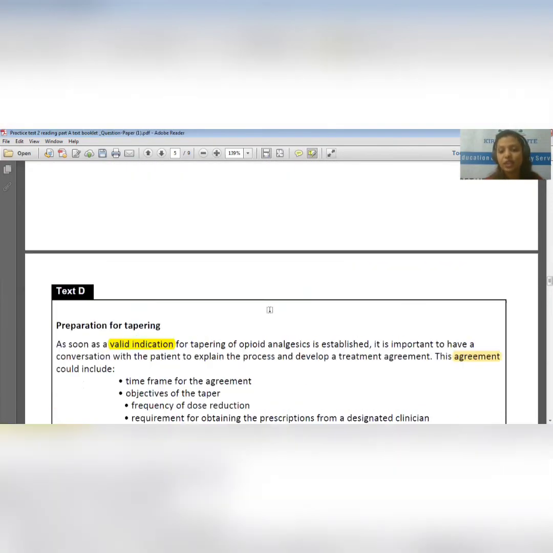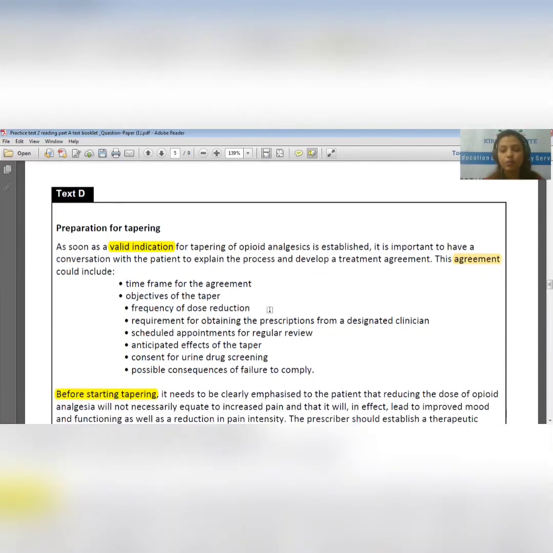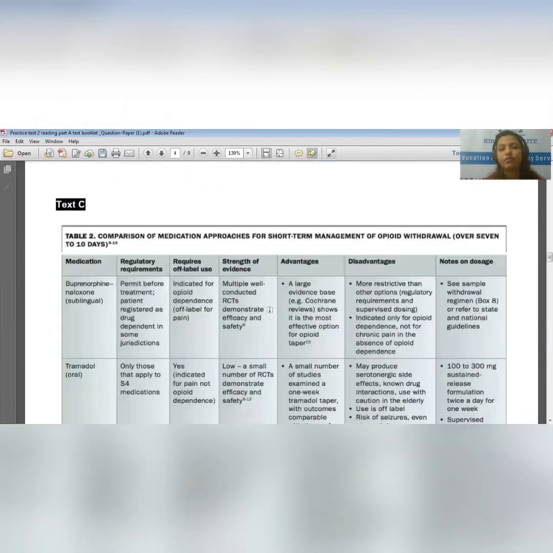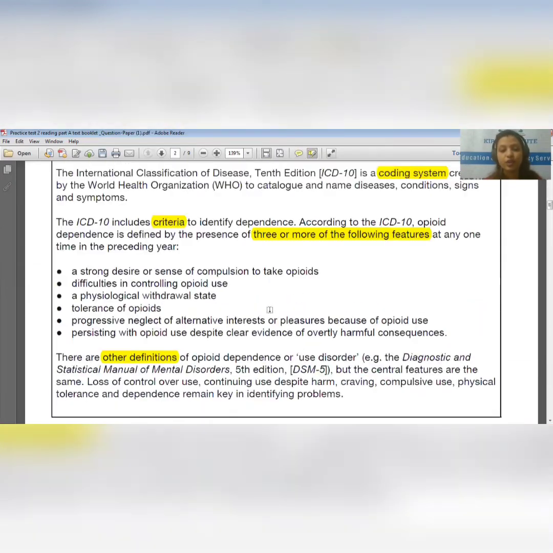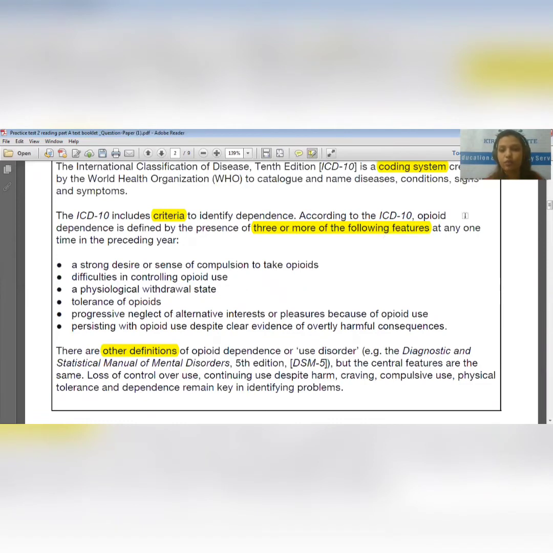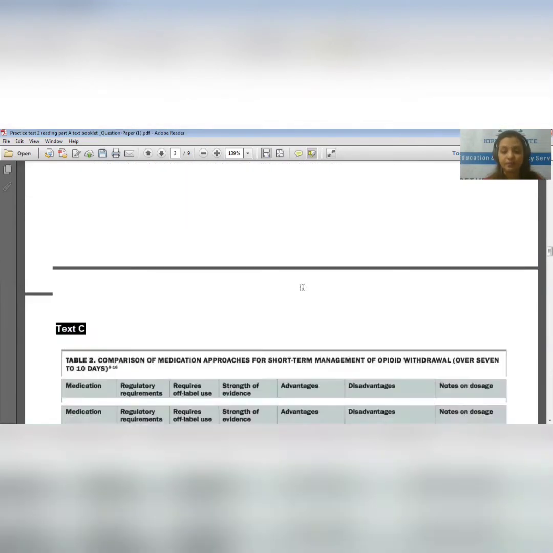If I want to confirm the patient has opioid dependence, then I have to confirm with the features, right? So those features we saw here: 3 or more of the following features or criteria. So these are indications, and that is why our answer will be A.